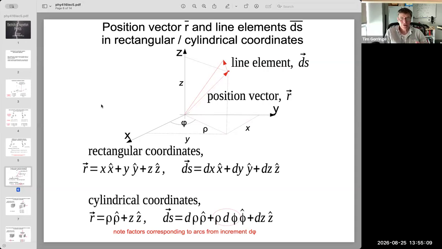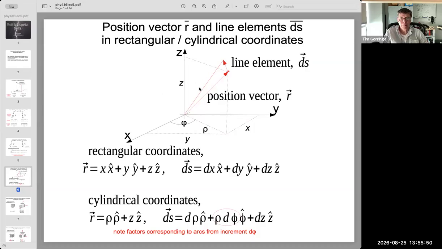So on this slide, I'm just introducing how we would specify a position of a point in cylindrical coordinates, and comparing it with how we did it in rectangular coordinates, and how we would describe a line element in cylindrical coordinates compared with how we would describe a line element in rectangular coordinates. So this is just to remind us of the relationships between the two coordinate systems. That's all this picture is for.